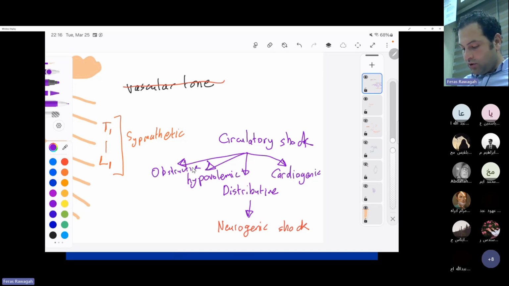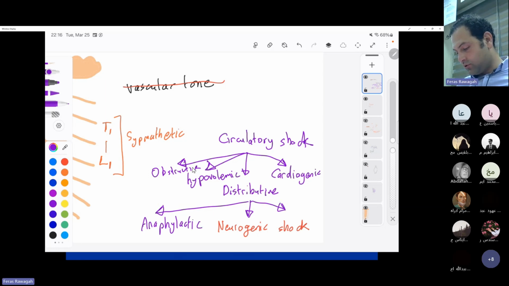And in distributive shock, we have other types. We have also the anaphylactic shock, and we have also the septic shock. Okay, so neurogenic shock is a subtype of distributive shock, which is a subtype of circulatory shock.